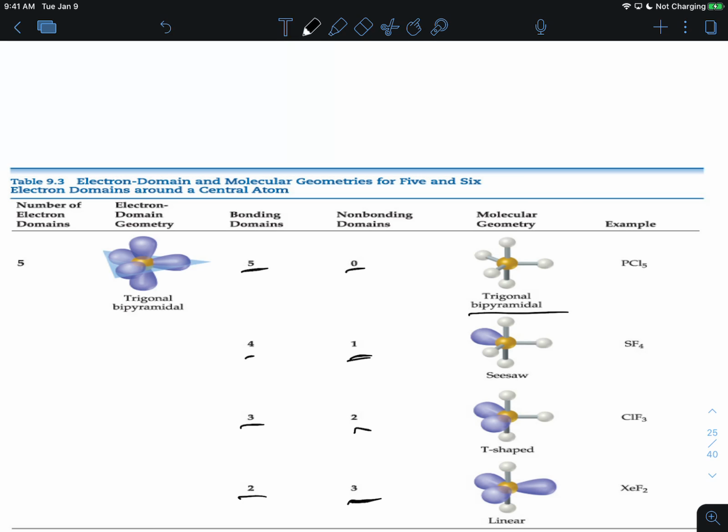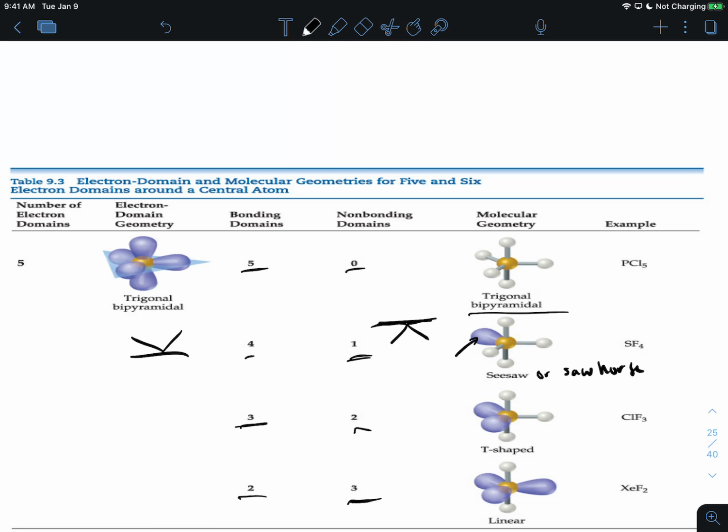When we replace one of those atoms with a lone pair, that is going to go in an equatorial position, and we get what's called a seesaw or sawhorse structure. So it looks kind of like a sawhorse, or if you flip it around, a seesaw.